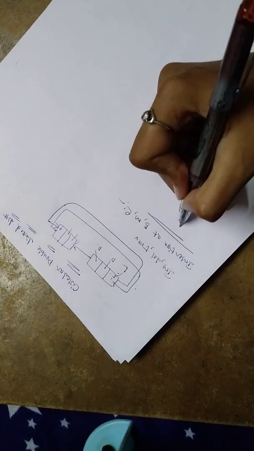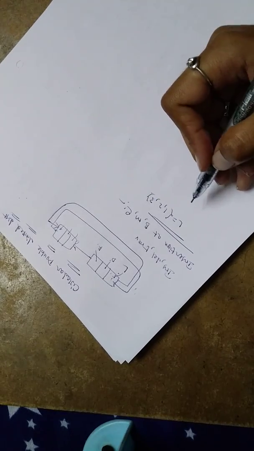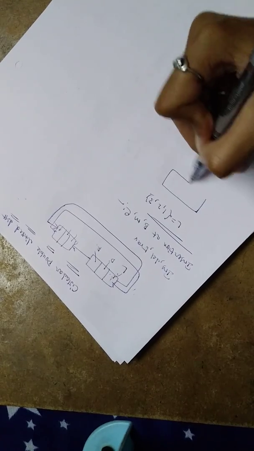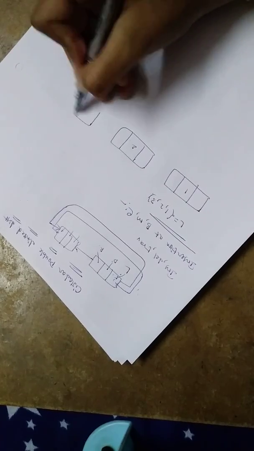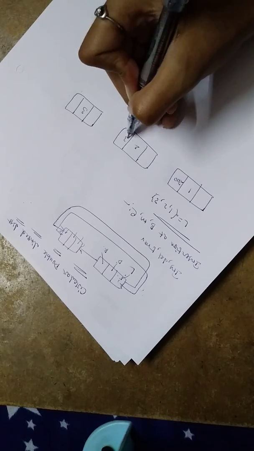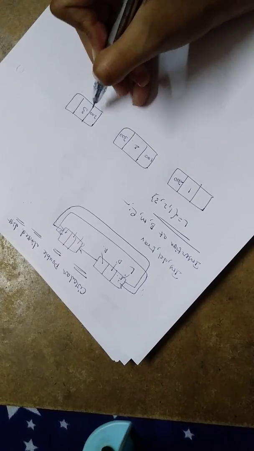So first thing, consider the list 1, 2 and 3. How it is connected: 1, 2 and 3. It consists of 200, it consists of 300 and it consists of this address, this consists of this address.